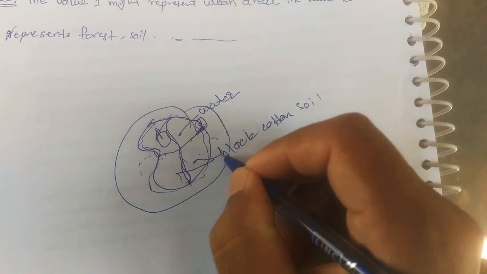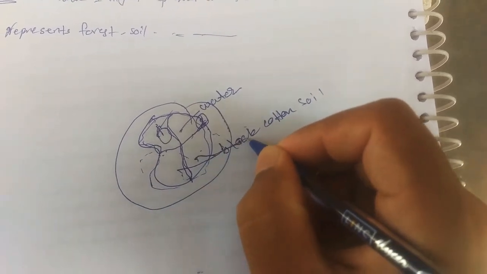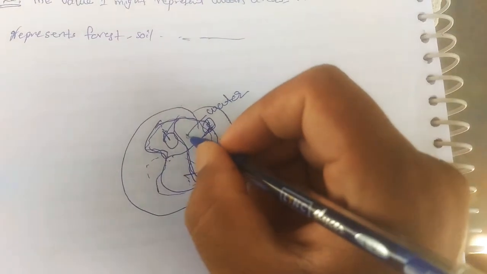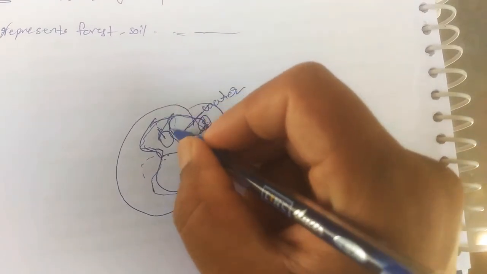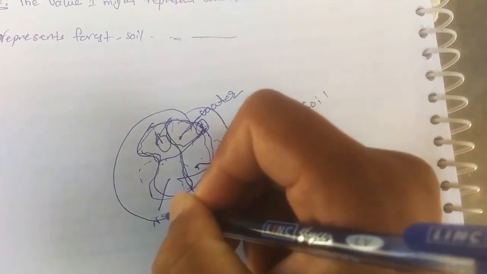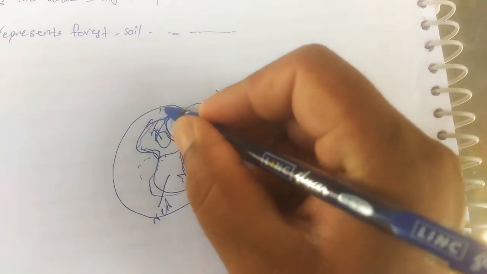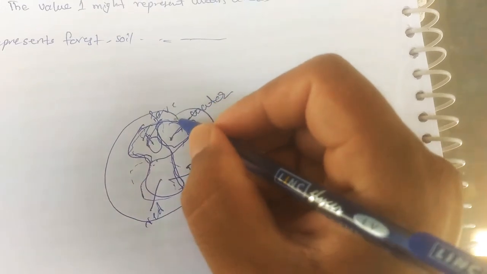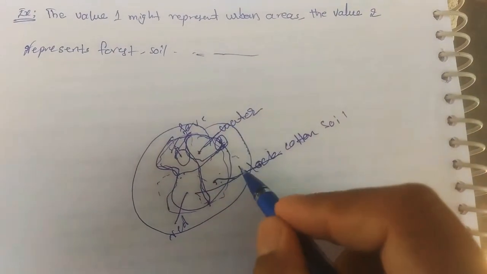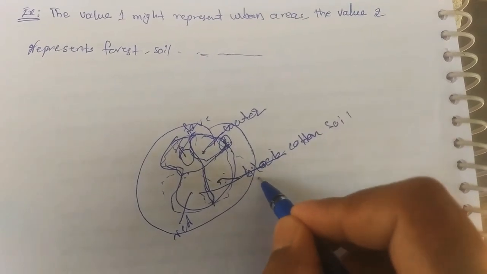For example, this particular area is totally covered by black cotton soil, or this total area is covered with water, or this may be red soil, or this may be a forest area. For the time being, these are all not changing, they are constant.